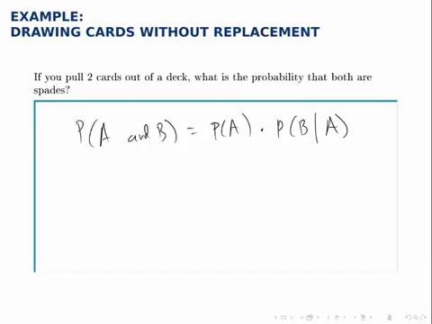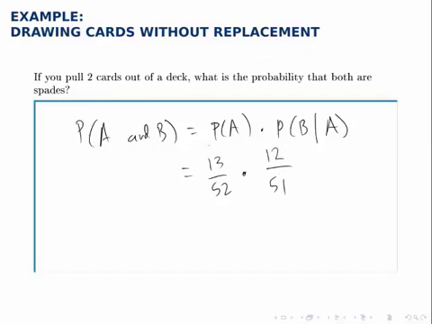But if the first card was a spade in this scenario, then we can continue forward and calculate the probability that the second card is also a spade and multiply those together. So in this case, the probability that the first card is a spade is 13 out of 52, because there are 13 spades, 52 total cards. If that first card that was drawn was a spade, there are 51 cards left because we drew a card, and 12 of them are spades, because the first one we drew was a spade.